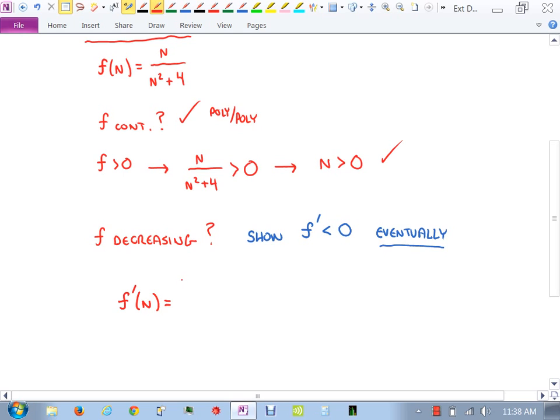Derivative of the top, 1 times the bottom, n squared plus 4, minus the derivative of the bottom, 2n times the top, and all over the bottom squared. Well, L'Hopital doesn't tell you what the derivative is. L'Hopital tells you what's happening as n goes to infinity. We're not looking at n goes to infinity here. We're saying what's the slope of the tangent line.